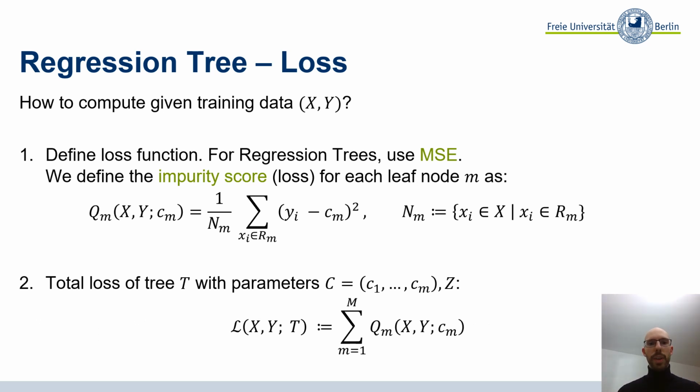We sum everything up and take the mean as usual. Here, Nm is just the number of points xi from the training data that lie within the region Rm. And then for the total loss, we simply sum over the individual losses or impurity scores of all leaf nodes in our tree to get the entire loss.